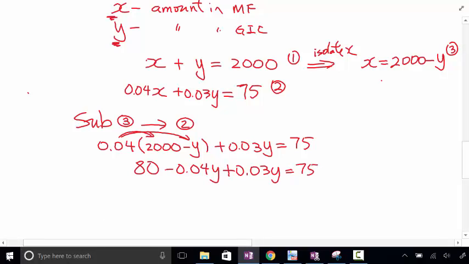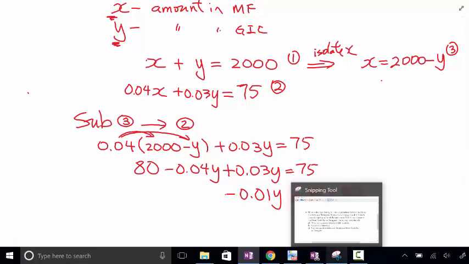Now, once you have this, all you need to do is gather like terms and isolate y. So, what do you get if you add these two y's here? Negative 0.01y. Remember, take the negative in front of the value. Okay, so use negative 0.04. Okay, so this is what you get. This side you get 75 minus 80. Okay, and then you just solve it from there.